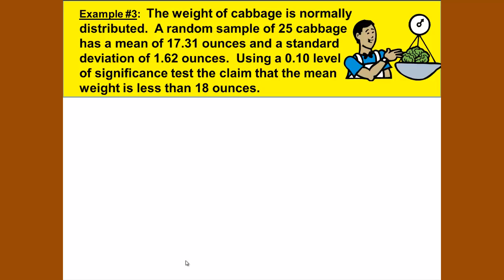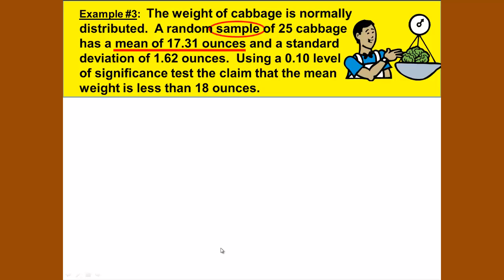The weight of cabbage is normally distributed and a random sample of 25 cabbages has a mean of 17.31 ounces and a standard deviation of 1.62 ounces. Using a 0.10 level of significance, test the claim that the mean weight is less than 18 ounces.